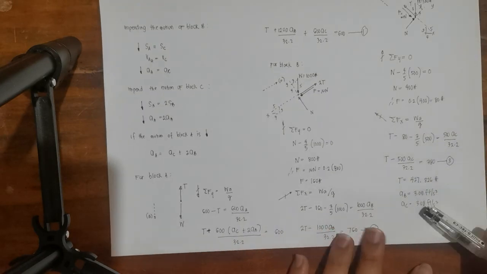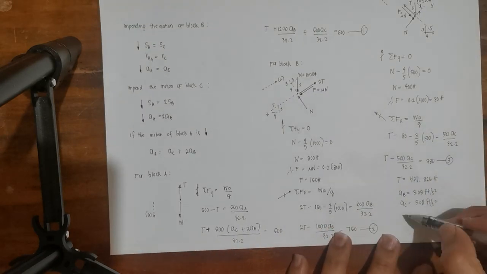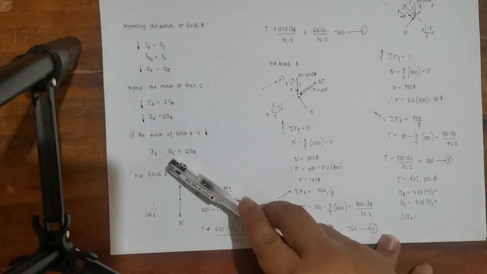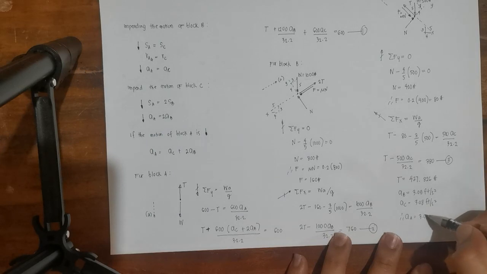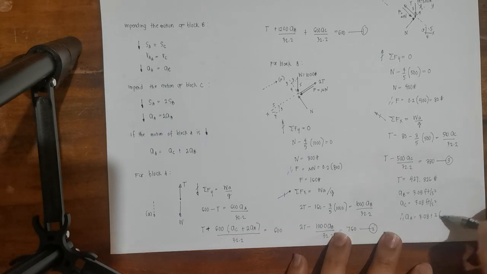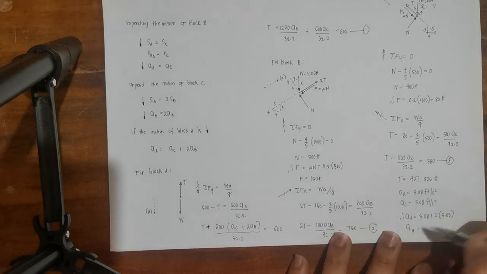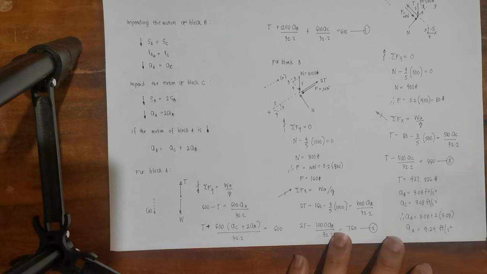Dalawang block pa lang nakuha natin. Therefore, acceleration of A is AC plus 2AB. So, AC, 3.08 plus twice AB, 3.08. So, therefore, acceleration of A is 9.24 feet per second square.